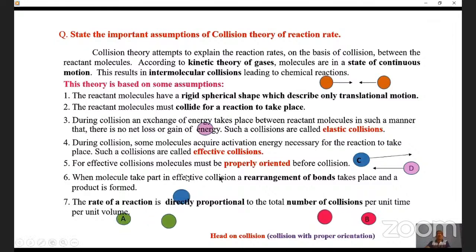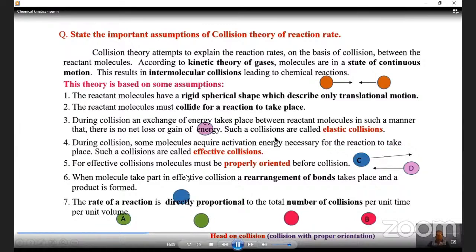During the collision, an exchange of energy takes place between the reactant molecules in such a manner that there is no net loss or gain of energy. This means that the energy of the system remains constant. Such collisions are called elastic collisions.